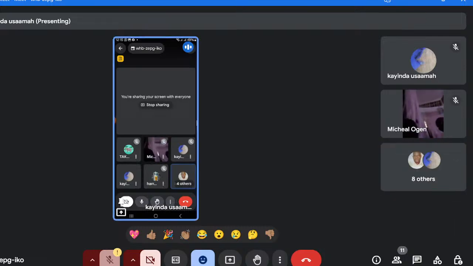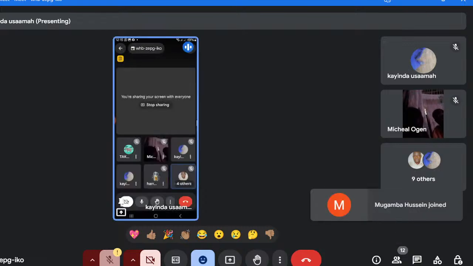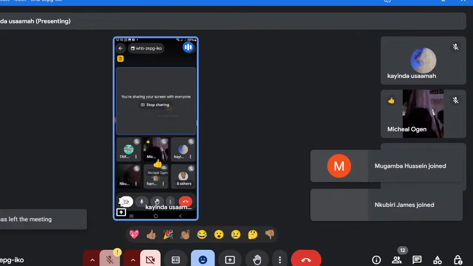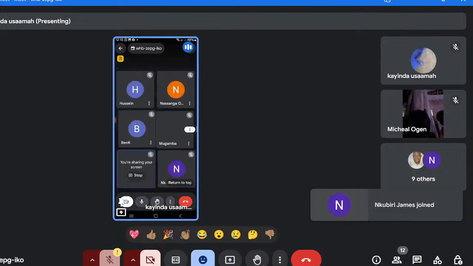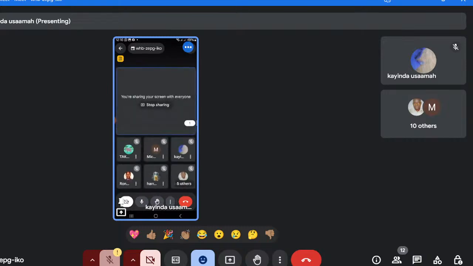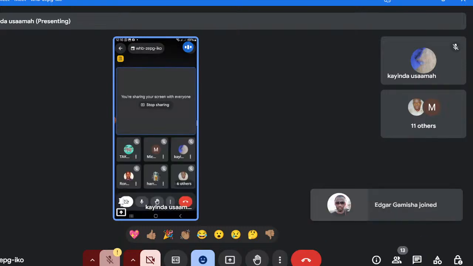If you are seeing my screen, please give me a thumbs up. Okay, thank you so much. It seems my screen is visible. In case my screen goes off, please unmute yourself and tell me. When I'm sharing the screen and I go to another application, I won't see what is going on here. You get the point? I hope you are seeing my screen.